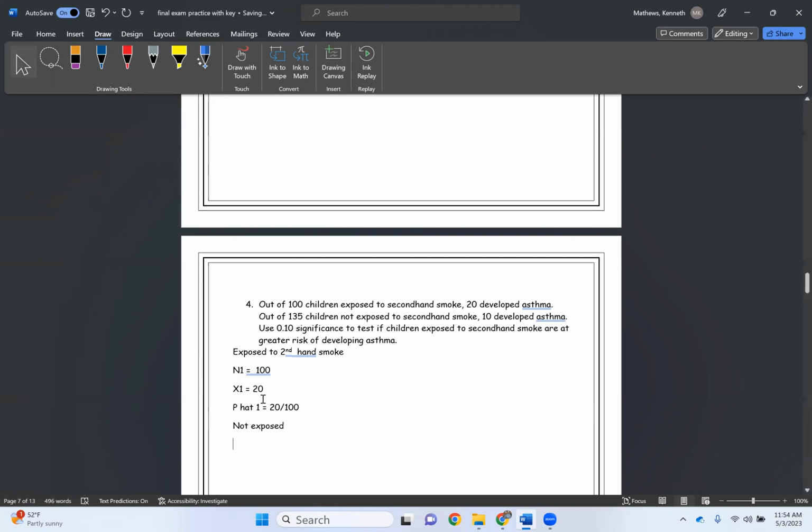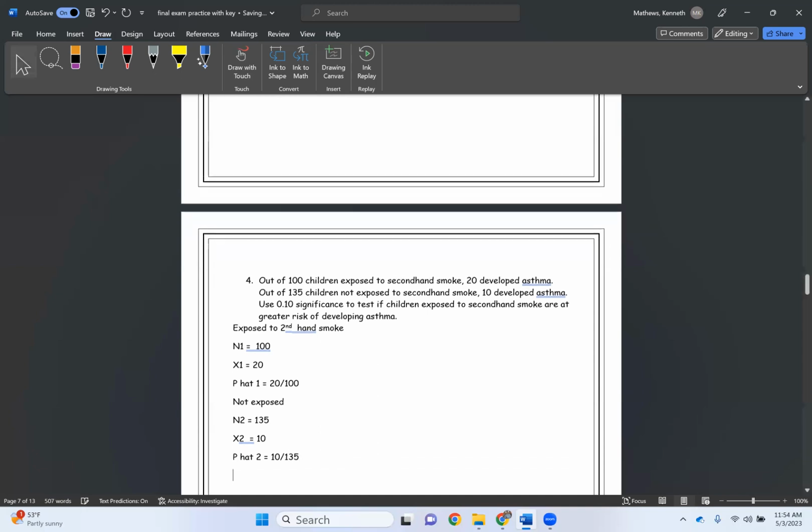There's 135, so N2 equals 135. 10 developed asthma, so X2 is equal to 10. And P hat 2 is equal to 10 out of 135. And our significance level is 0.10, not 0.01. Be careful. Alpha equals 0.10.